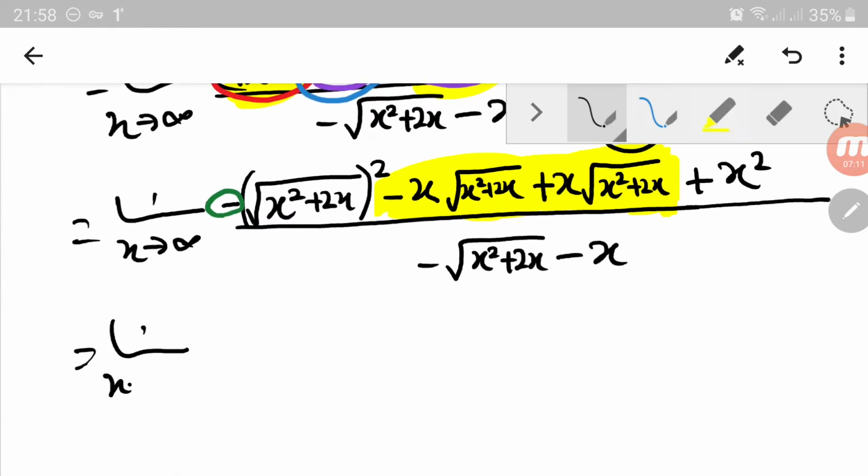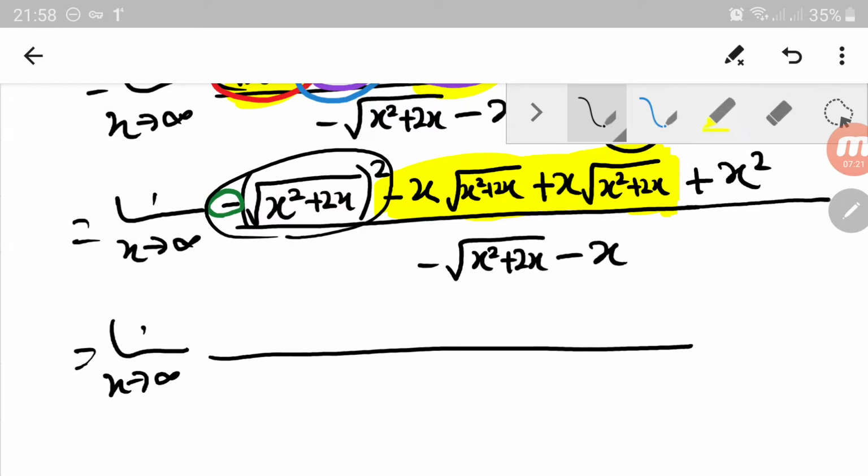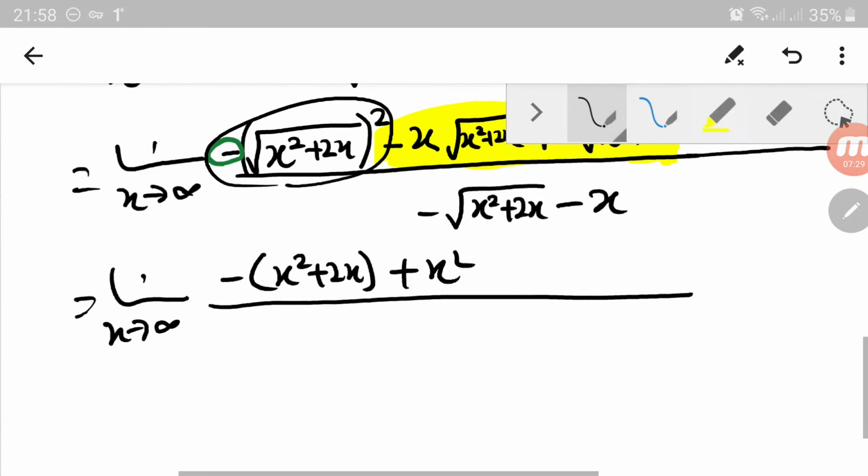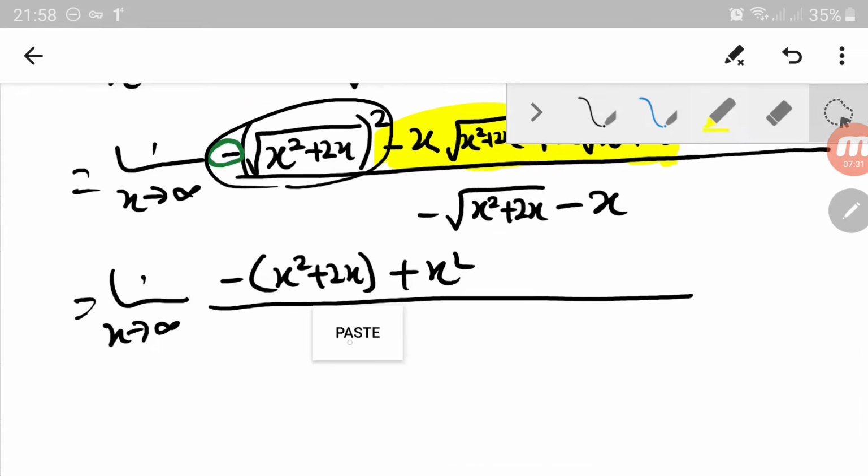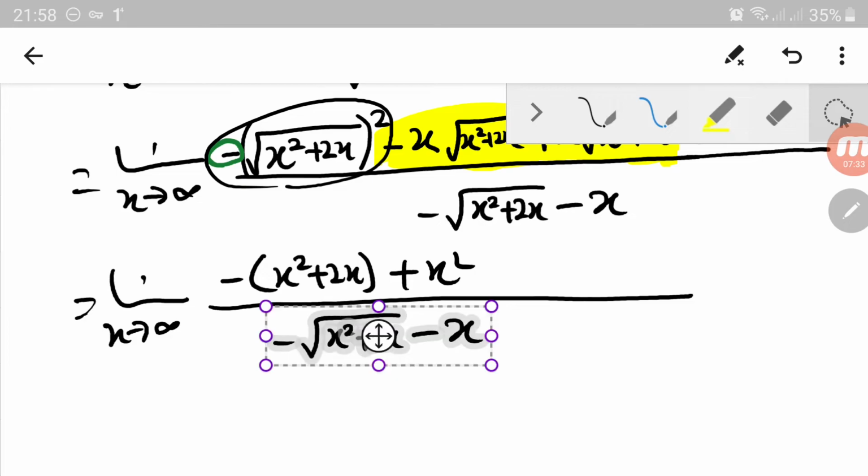Okay, limit x approaching infinity. Now the middle one that I highlighted in yellow there is already 0. So what's left is this first one. So I solve the square: minus x squared plus 2x and then plus x squared. And then the bottom one I just paste.